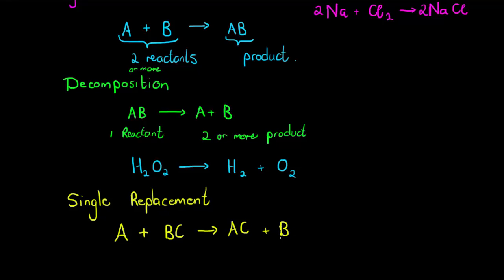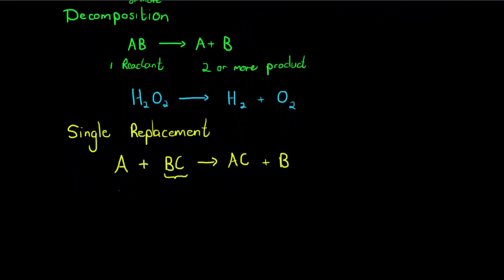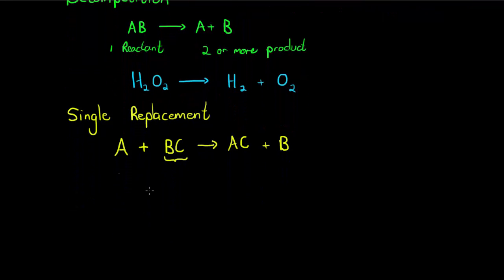When I say different, I don't mean it's completely new molecules or completely new elements. Of course it's not. What it means is that a compound is 2 or more elements together. The reactants have an element and a compound, and in the products we have a different element, so the compound has somehow been replaced. One of the elements has been replaced by the element here and produced a compound there. If I do an example, you'll see exactly what I mean if this has been a bit confusing.